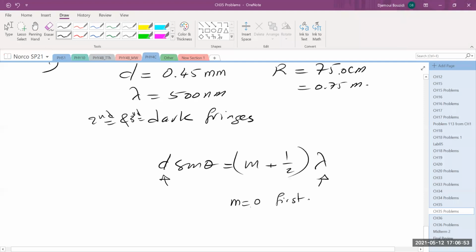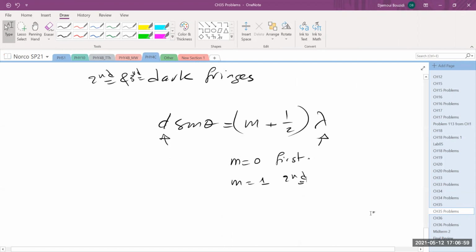We don't need the first, we need the second, and that is m equals 1. For the third, m is equal to 2, I'm sorry. That is the third, because m can be 0, plus or minus 1, plus or minus 2, and so on. So we need to find them.